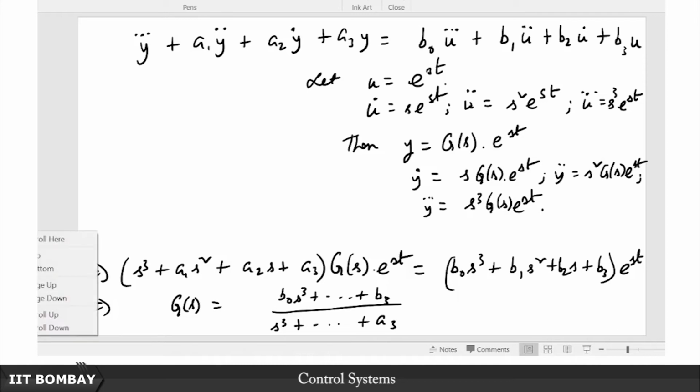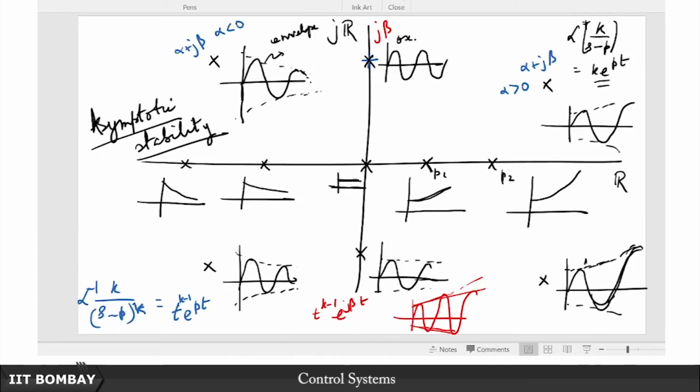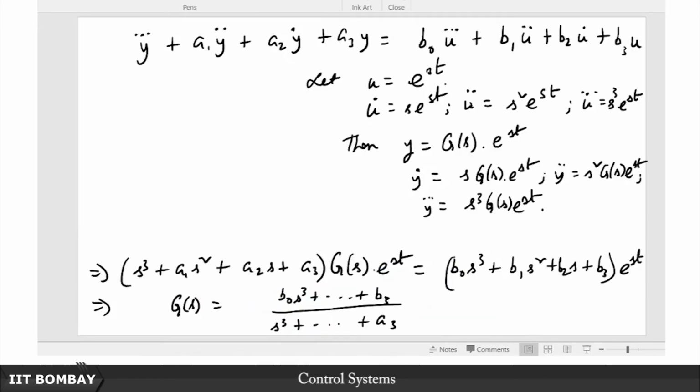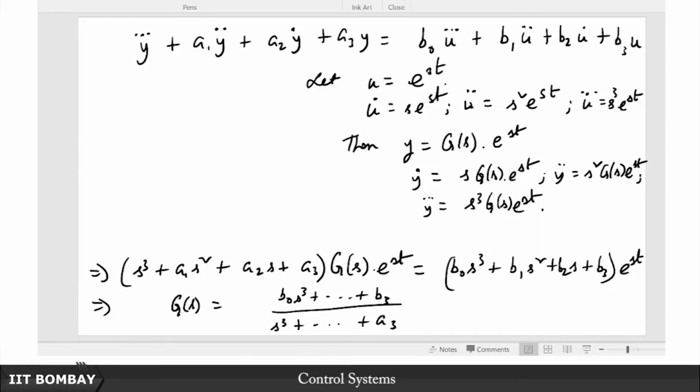Now it is time to get our hands a little dirty by looking at some practical systems. We will start with the kind of systems that we as electrical engineers understand the best, which are electrical circuits.